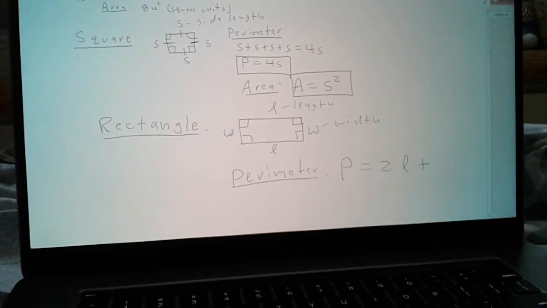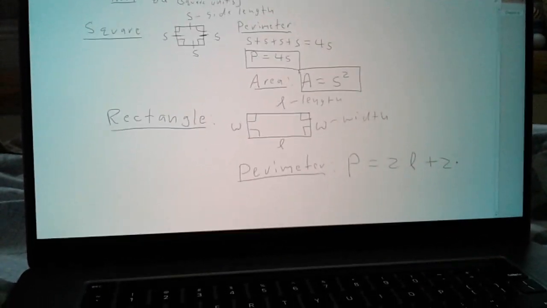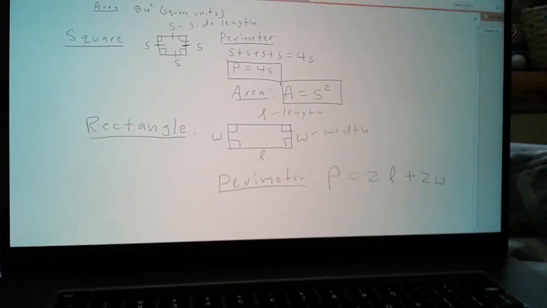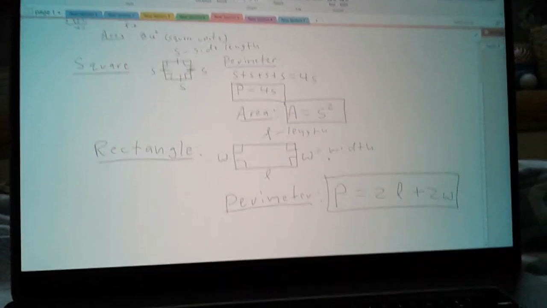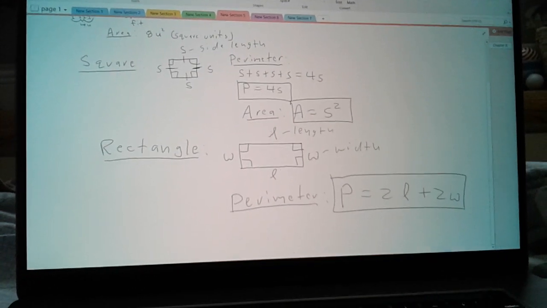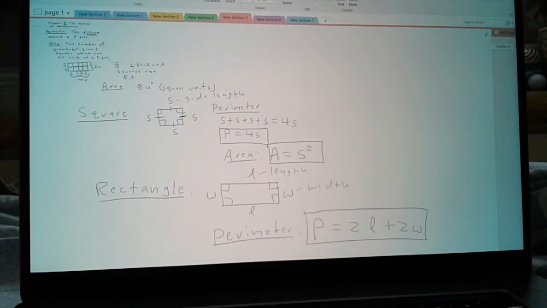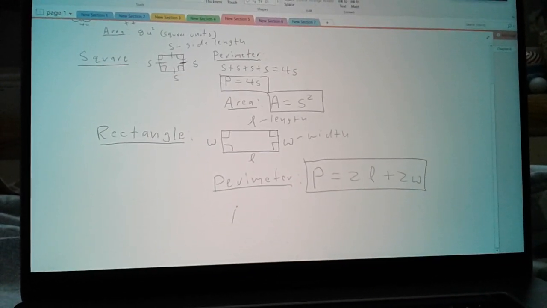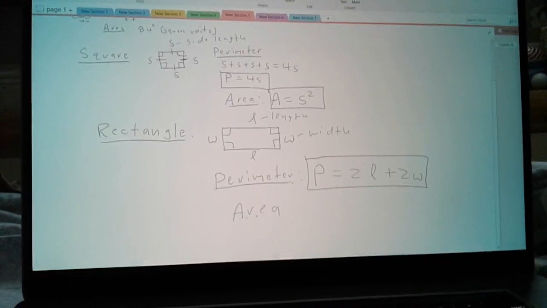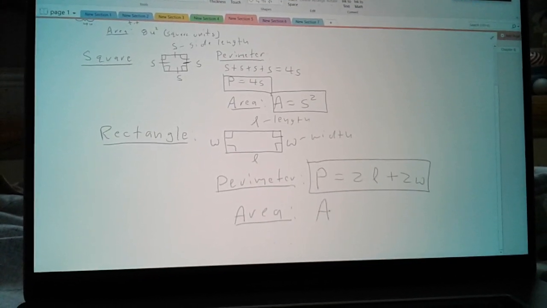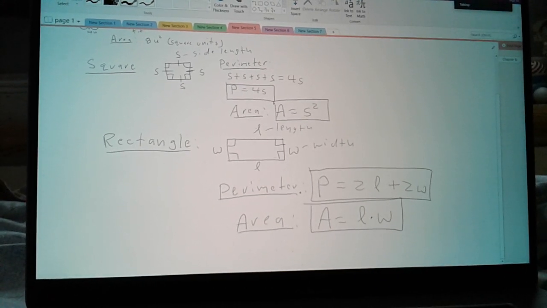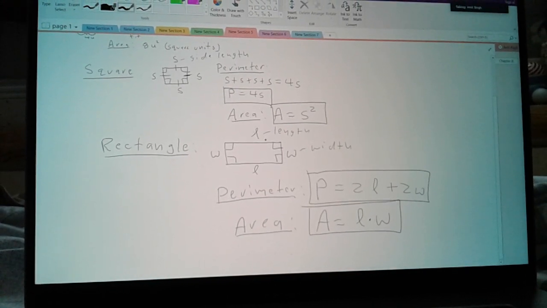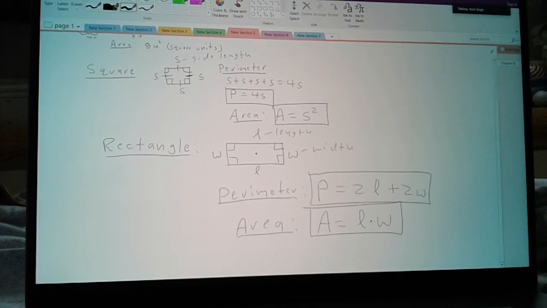So twice the length plus twice the width will give you the perimeter of a rectangle. The area, I just multiply the length times the width.